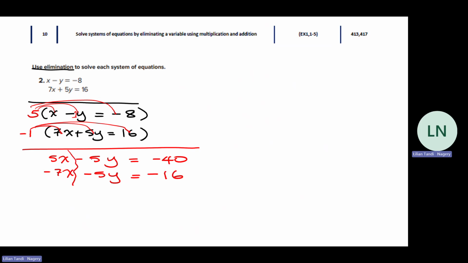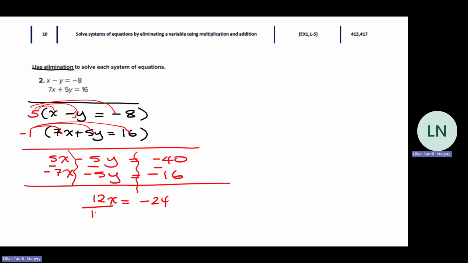And then now I have same number, same letter. I can make my 3 houses. Then what will I do here? I will subtract. So 5 minus negative 7 becomes 12x. And negative 40 plus 16 is negative 24.